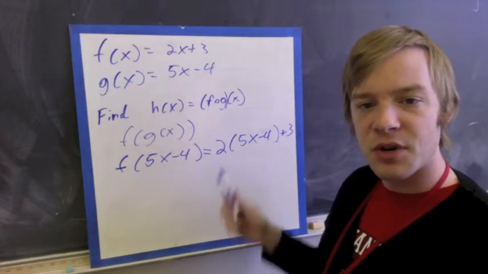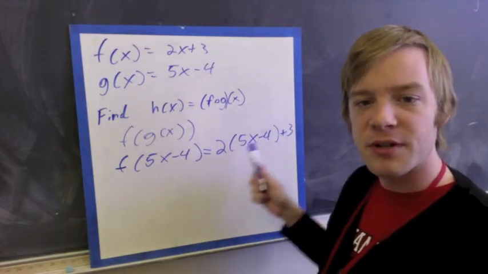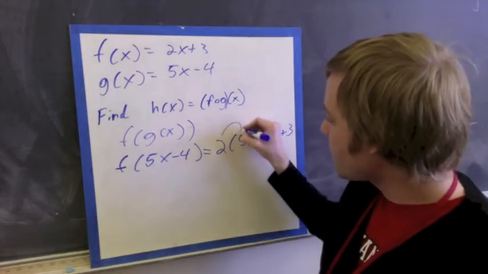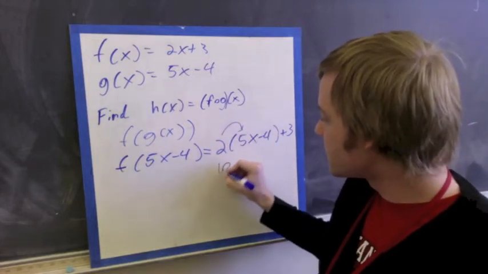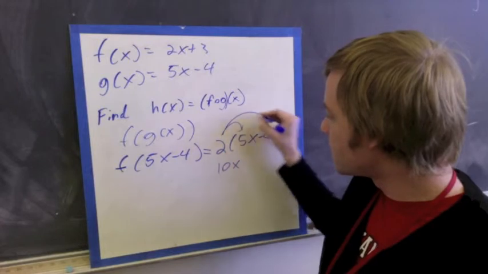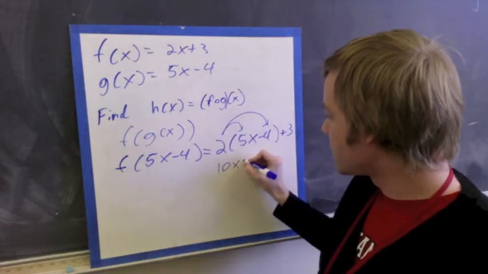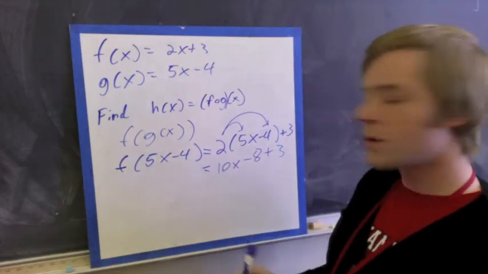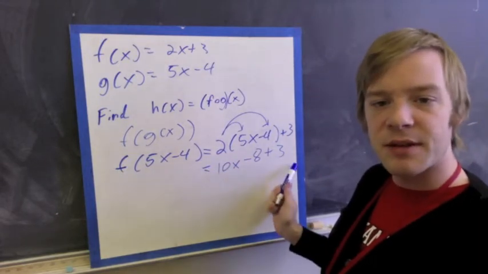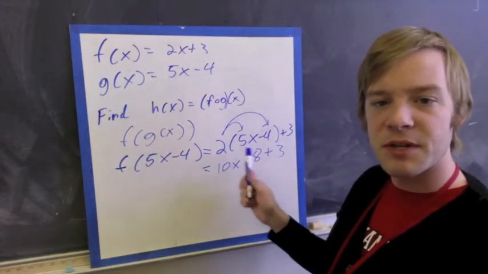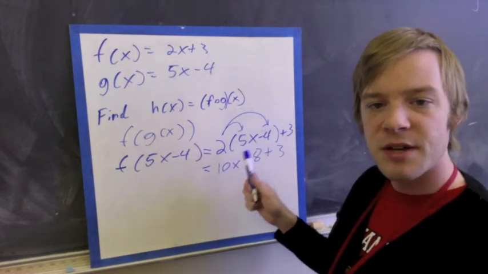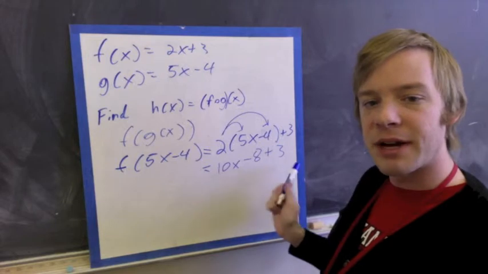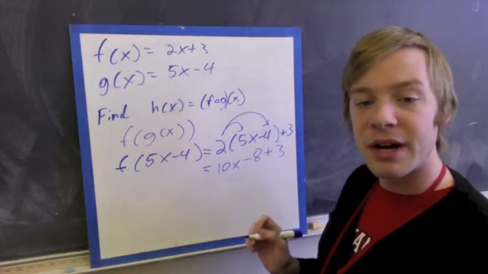So I'm going to start by multiplying what's in front times both of the things I have inside the parentheses. So I have 10x minus 8, and then we still have the plus 3 on the end, because I multiplied 2 times 5x and 2 times negative 4. Now all we need to do is combine our like terms.